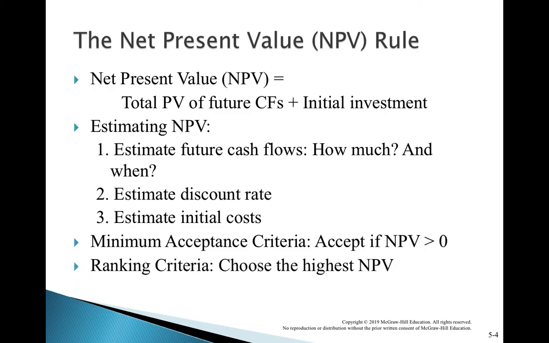Ranking criteria: if you have multiple projects, then you will rank 1, 2, 3, which one will be first priority, then second, like that. The project with the highest NPV will be ranked first. The lesser than that will be 2, lesser than that will be 3. So the ranking criteria is the highest NPV will be ranked first, or first preference.